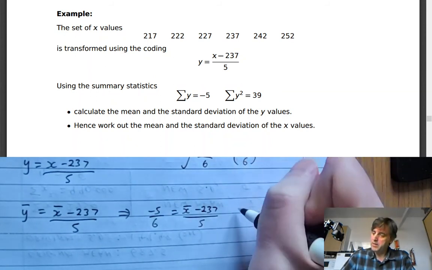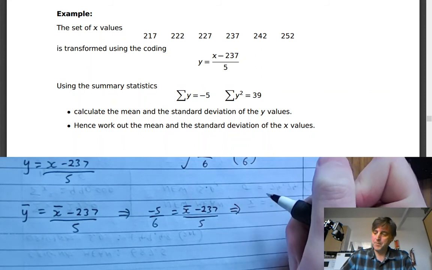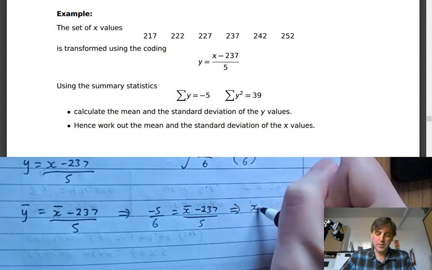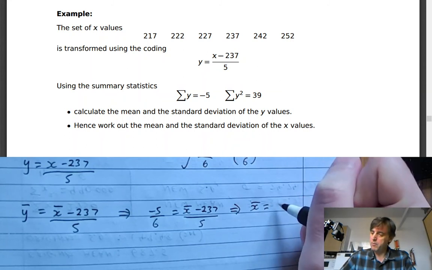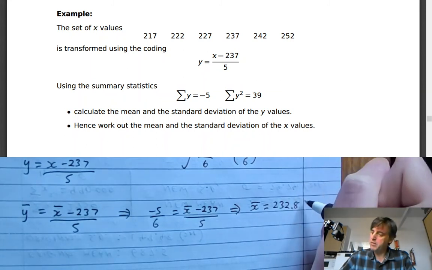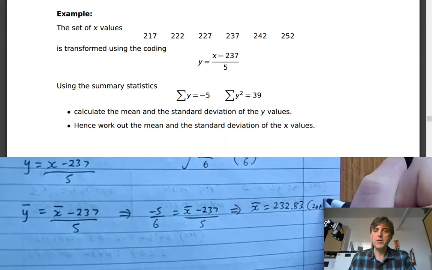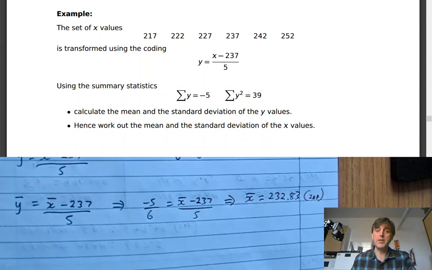And then I'll spare you the details. I'll just jump to the answer of that one. That means that our x bar, when you rearrange that equation, we end up with 232.83, which I've rounded to 2 decimal places here. So there's the mean of the original set of data, which we had on the screen.